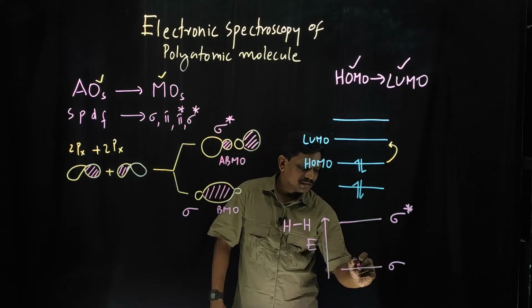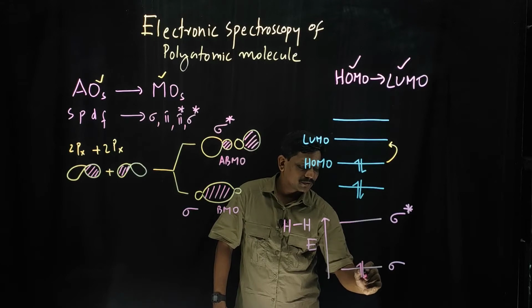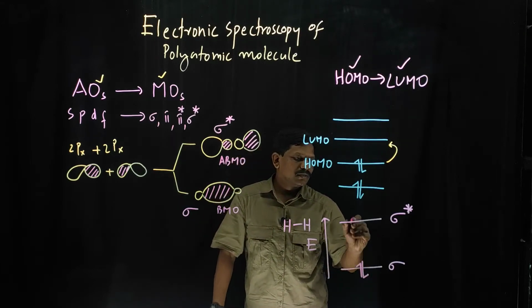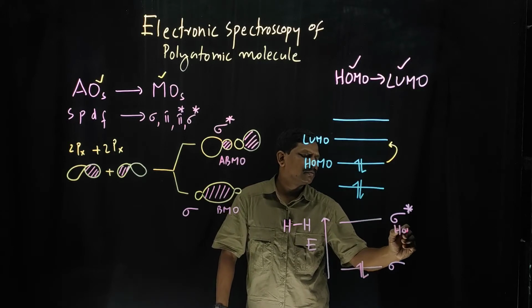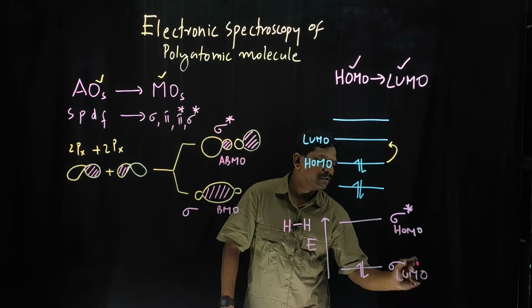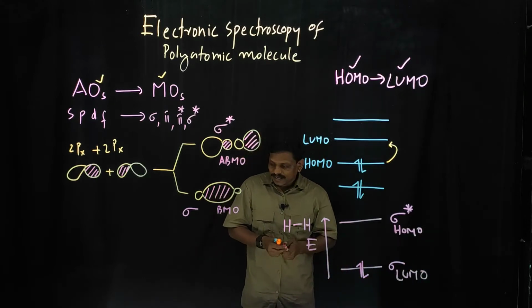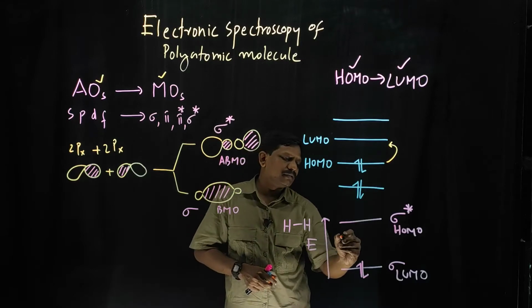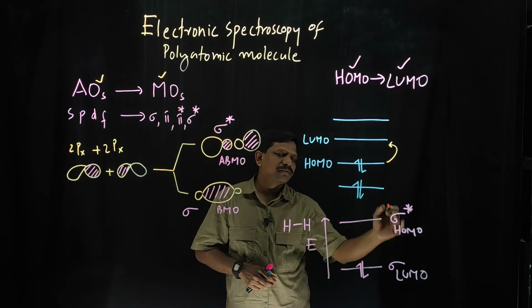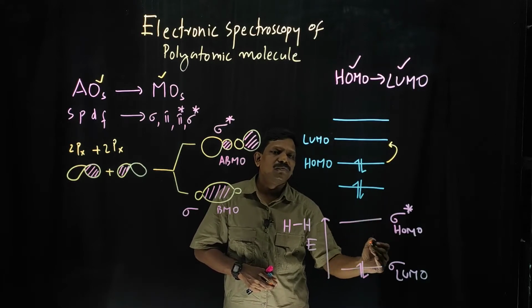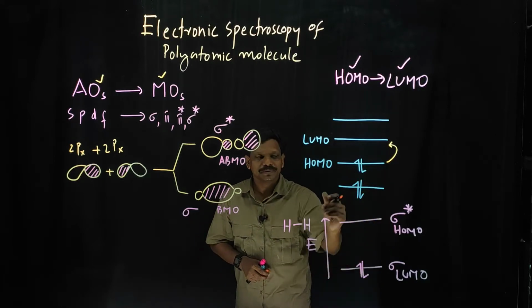Here sigma consists of how many electrons? Two electrons. So this particular level is known as the HOMO level, and this level is known as the LUMO level. Experimentally you can calculate how much energy is needed for the transition of one electron from this position to this position.